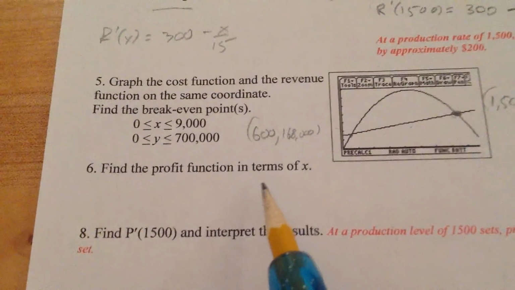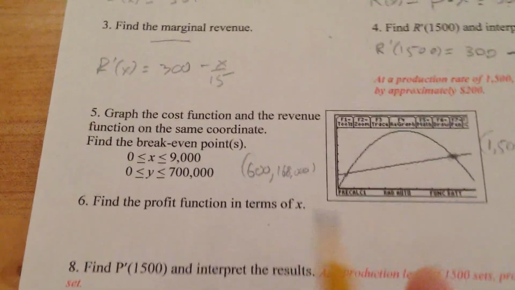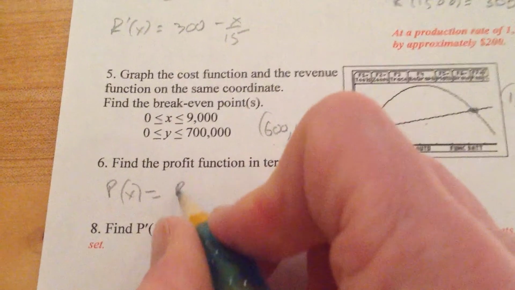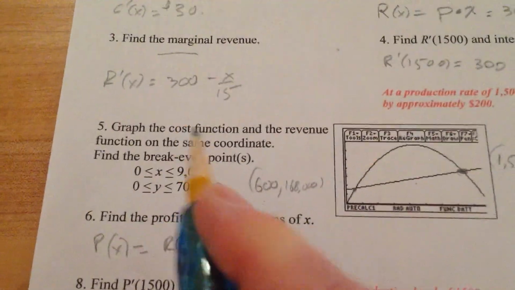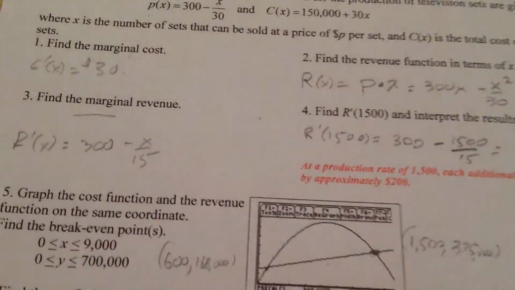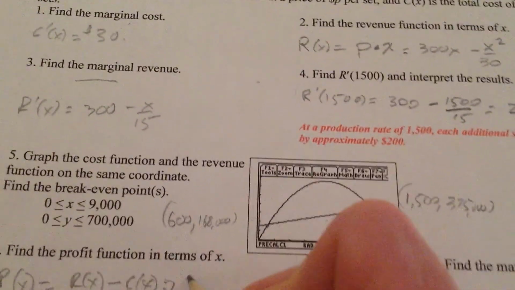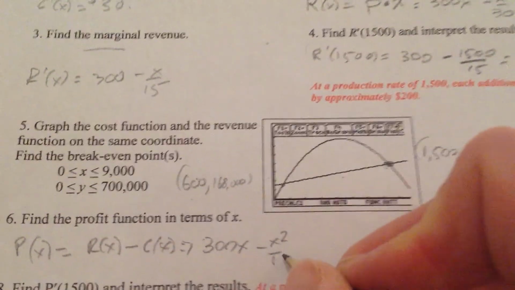So the profit function, moving on, again, from the very first page, is profit is revenue minus cost. So profit will be whatever my revenue function is minus my cost function. So in our book, there's revenue, 300x minus x squared over 30, right?